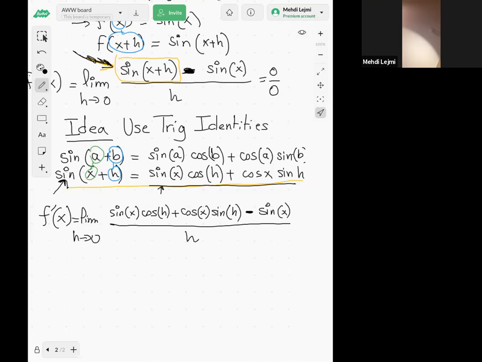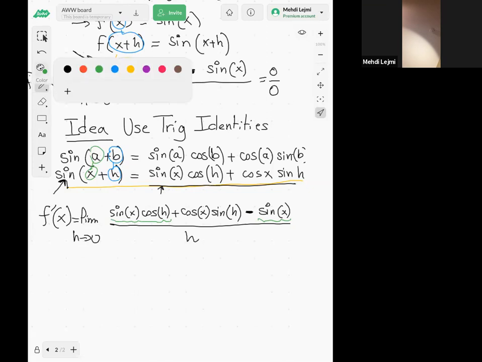So what I'm going to do, guys, is see if we can factor the top. In the top, you can see there is a common factor: sine of x, cosine of h, and sine of x. So sine of x is a common factor, and I can factor it out.